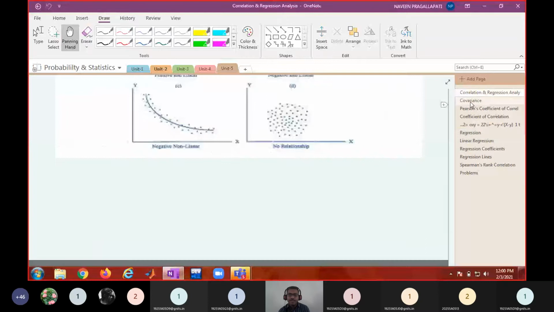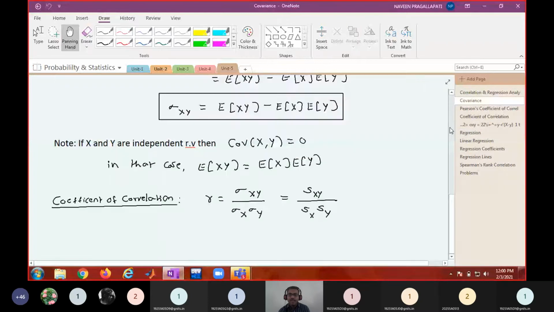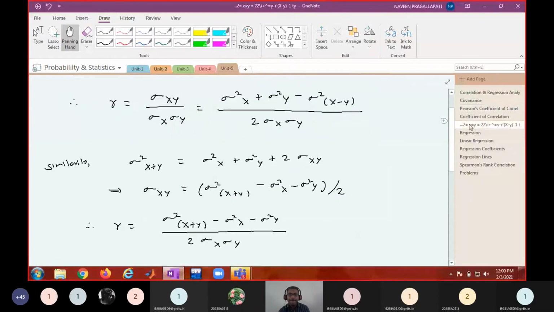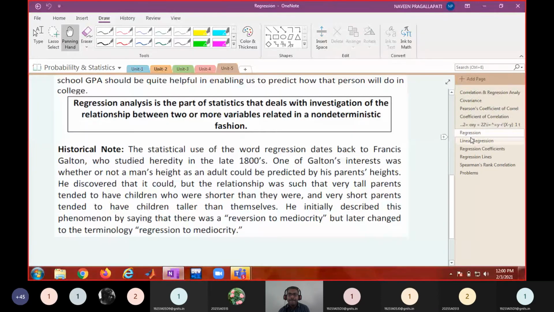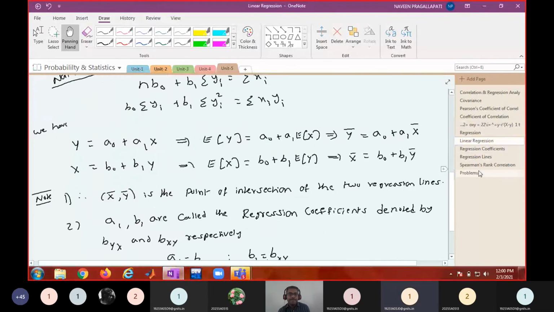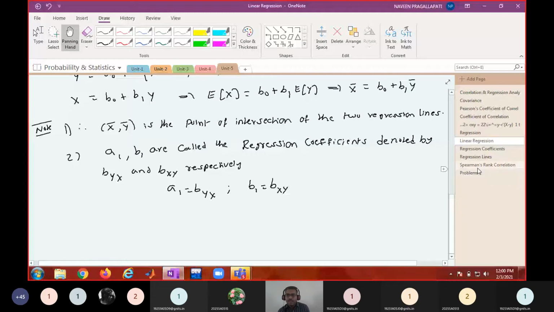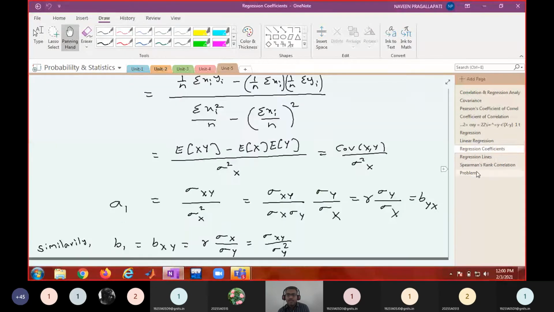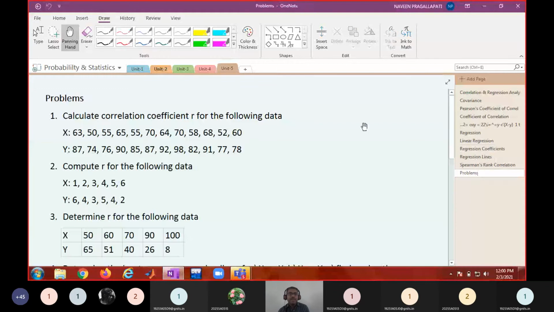Where is this formula? Is it gone or not? Did you copy this? No, sir. Please copy.